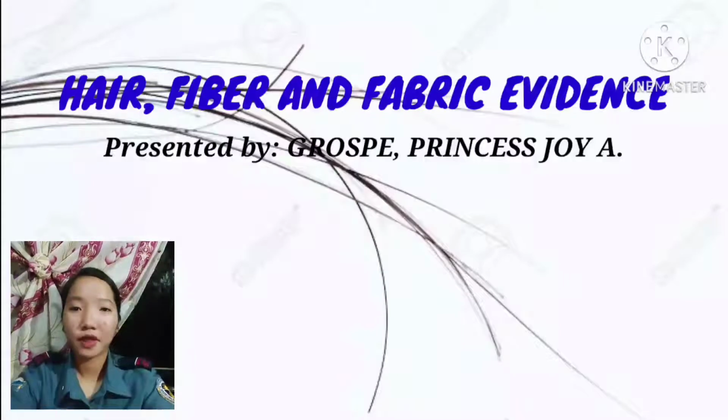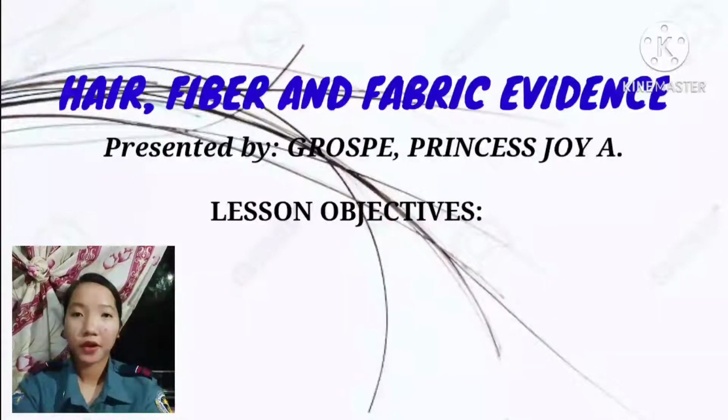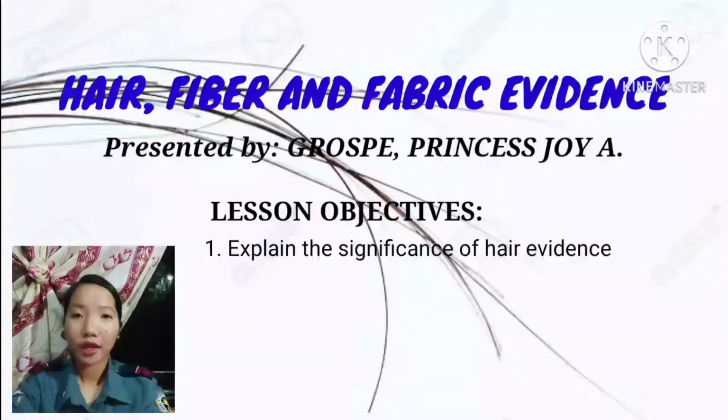So for today's video, we will talk about the hair, fiber, and fabric evidence. For this topic, we have the lesson objectives. First is to explain the significance of hair evidence.